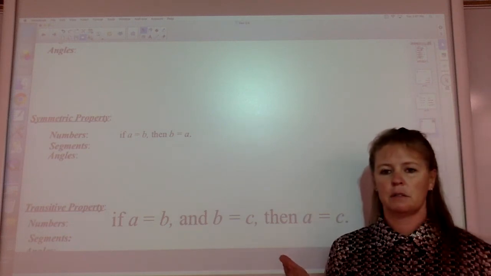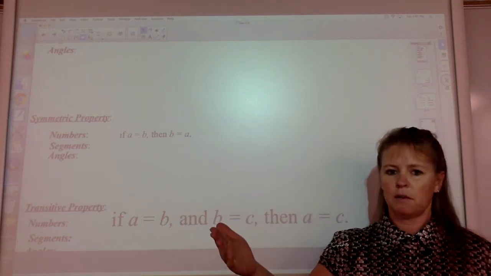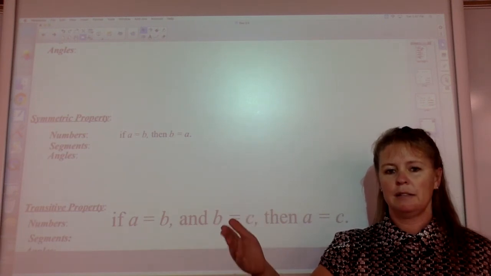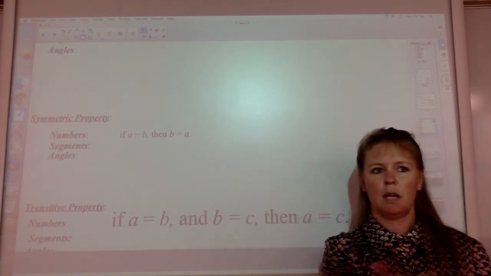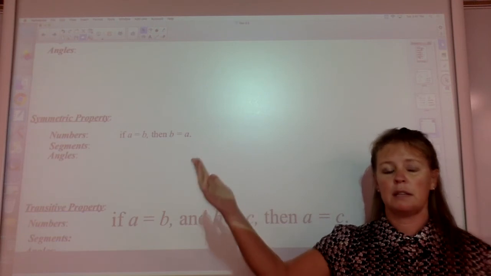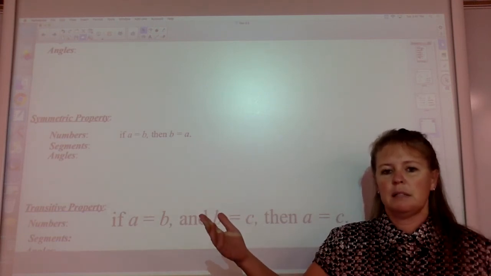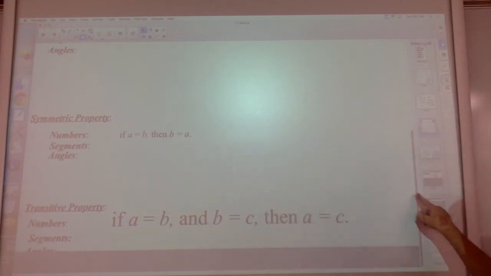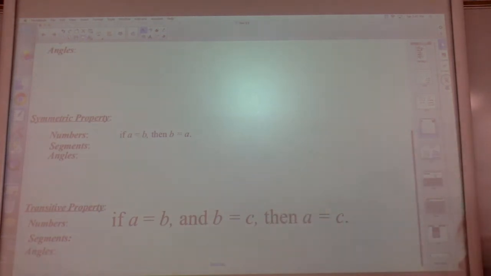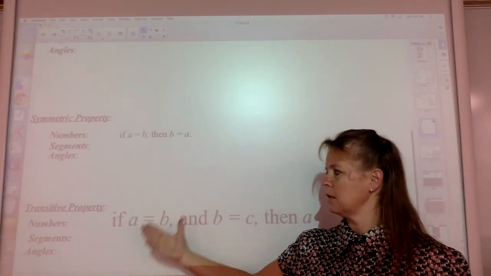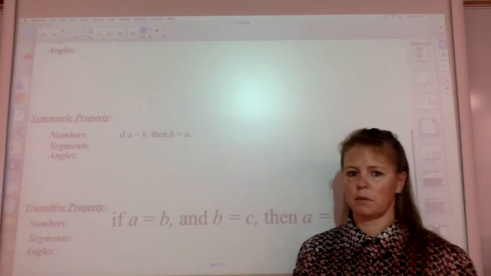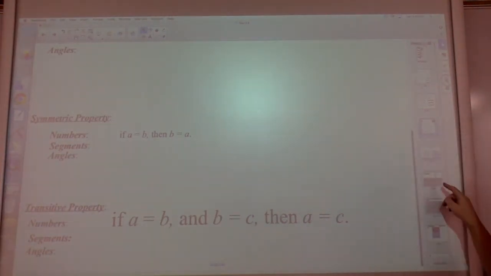I have $5. Jason has $5. Jason and Stacy each have $5. Well, then I have $5 the same as Stacy. It all matches together. That's called the transitive property. And it works with segments, angles, or just plain old numbers. And you'll see in a couple of examples how we use it.